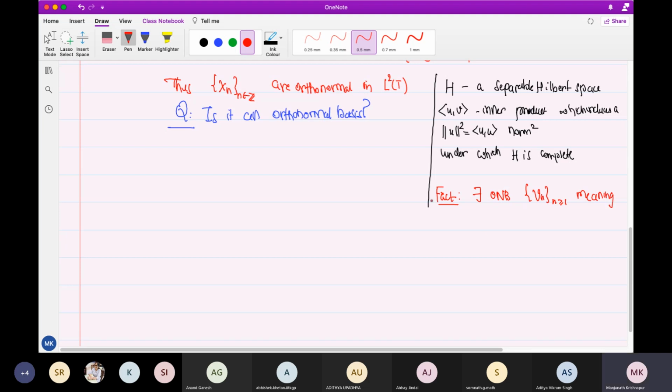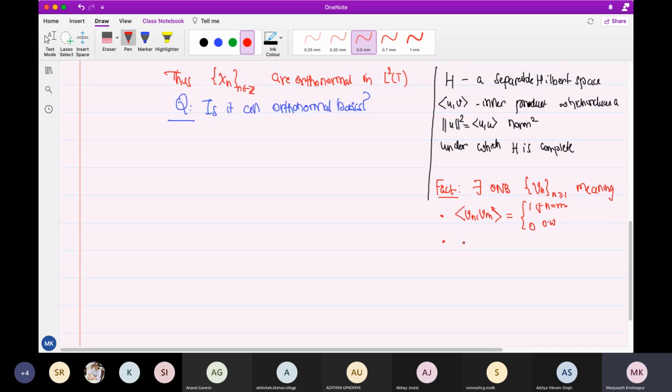The reason I recap this is to recall the meaning of an orthonormal basis. First of all, they form an orthonormal set, and zero otherwise. But it should also allow you to write every function in terms of this, though that's no longer a finite linear combination, unlike in finite dimensional vector spaces.